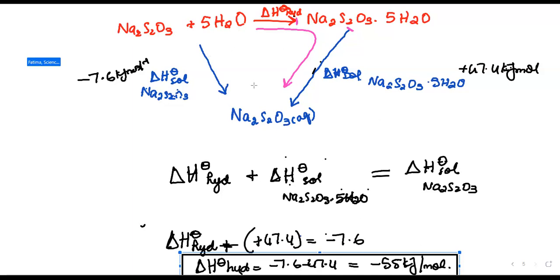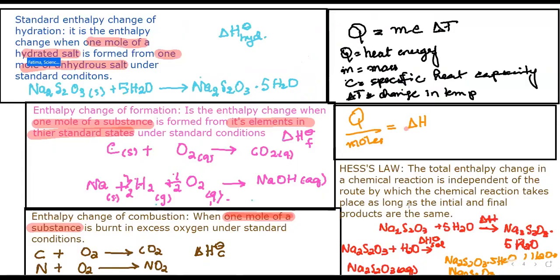The final product has to be the same. That's the only criteria. If the final product is the same, what does that mean? I can simply indirectly calculate the enthalpy changes and add and subtract them, and I will be able to calculate the enthalpy change of the reaction. And this is what Hess's law states, that it is independent of the route. It doesn't matter whether I'm using the direct route or whether I go indirectly.